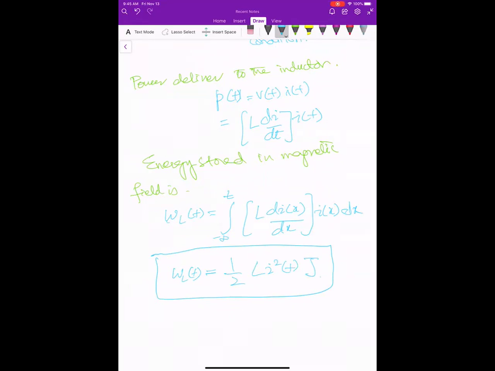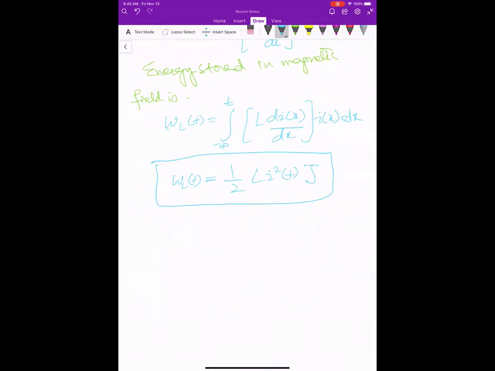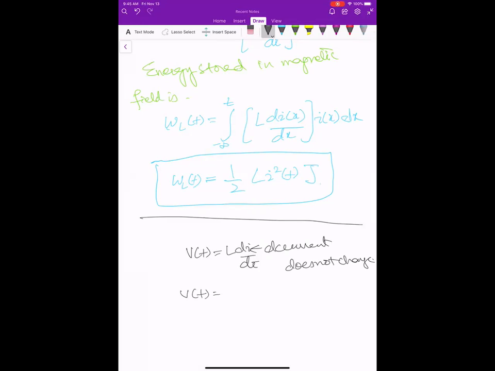In case of inductor, one more thing I want to summarize is that voltage across the inductor is directly proportional to the time rate of change of current. So which means we know that, and if DC current is there, which does not change, so for the steady state, voltage will be 0.